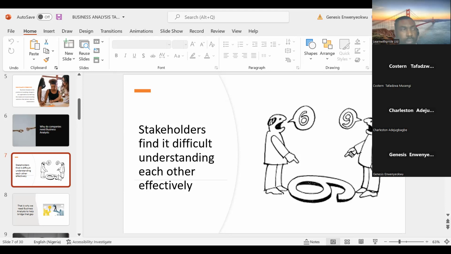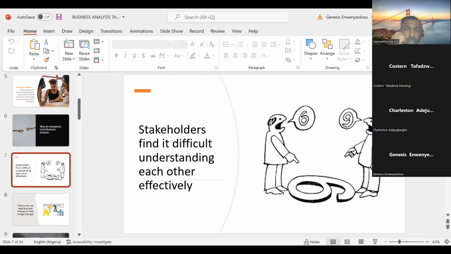Most times the business doesn't know how to communicate to the technical stakeholders, and that brings difficulty in understanding, a communication gap, right?